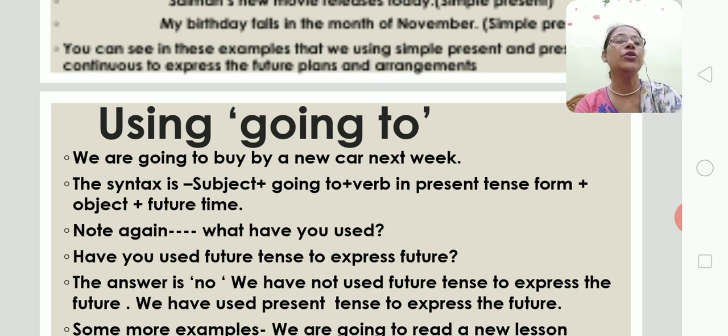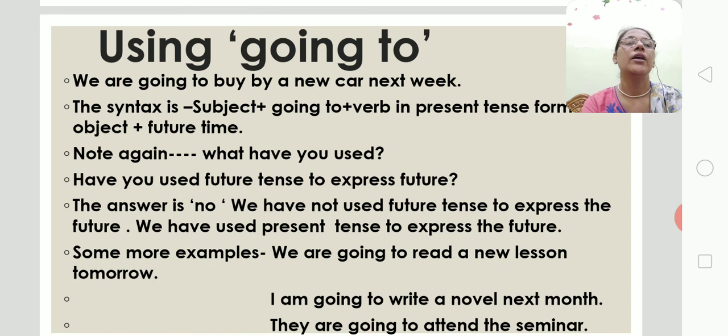Now let me show you some more examples. Like we are going to read a new lesson tomorrow. I am talking about tomorrow, but I am using the present continuous form, that is are going to read. I am going to write a novel next month.